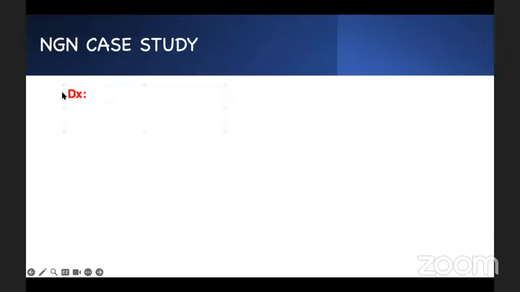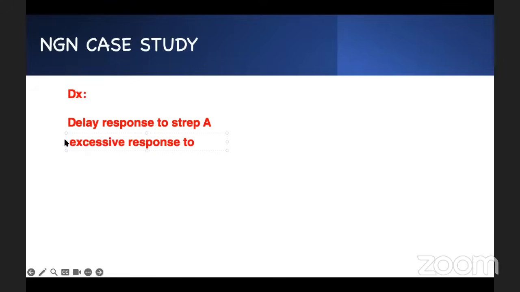What is the problem? This is a delayed response to strep infection due to group A strep. So I call it an exaggerated or excessive response to the strep antigen.